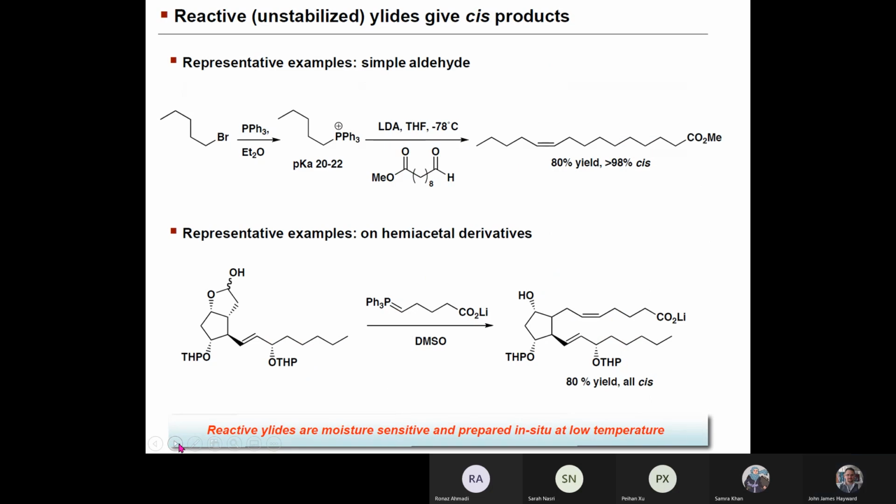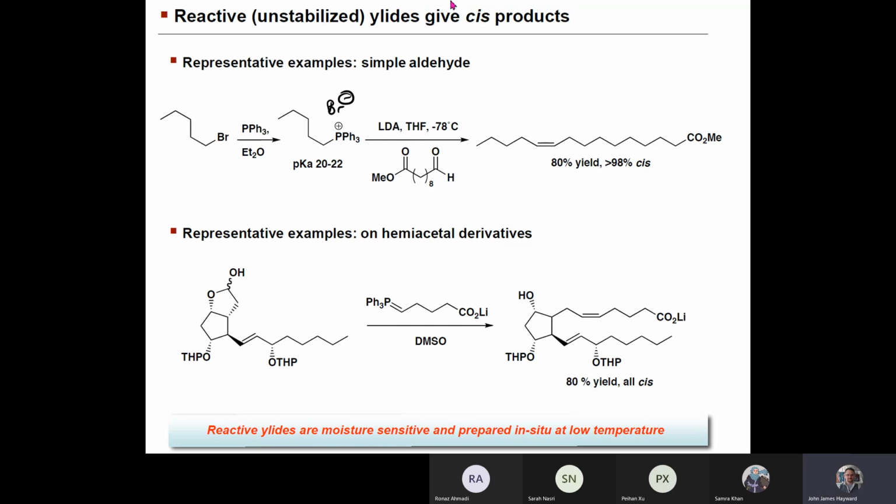So, an example in synthesis. Well, we can take 1, 2, 3, 4 pentyl bromide, and you react with triphenylphosphine in ether, and the salt precipitates out of solution. Nice. And Wittig salts have a pKa of around 20 to 22, depending on your substituents. Stabilized Wittigs have a lot lower.